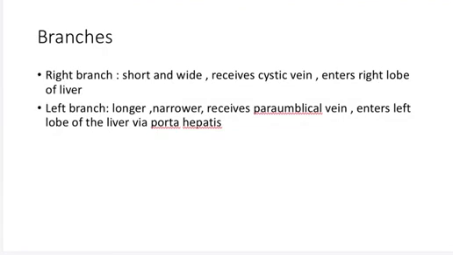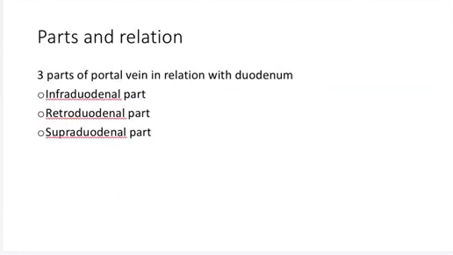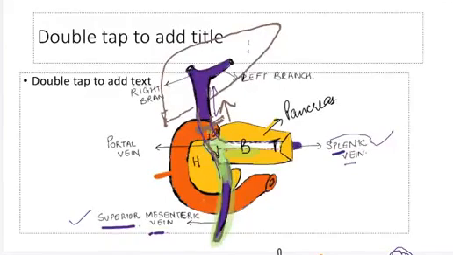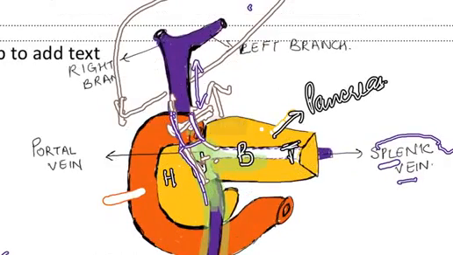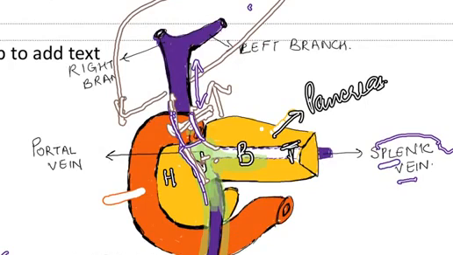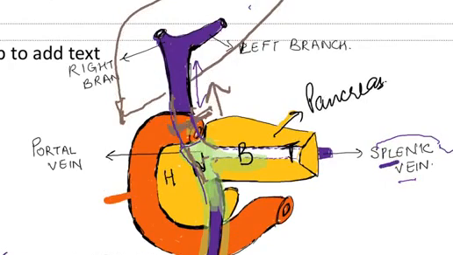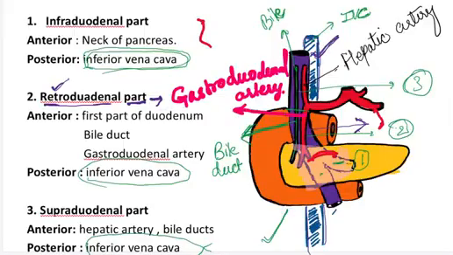So now we have discussed that after the formation, the portal vein divides into two branches, the right branch and the left branch. See over here. I have messed up the diagram a little bit, but I hope you understand.